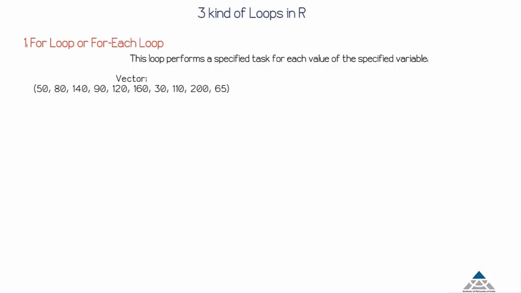Say we have a vector. We want that for each of the elements of the vector which are greater than 100, we wish to add these elements and obtain their total. If we do not use a loop, we will need to first search or filter the values which are greater than 100 and then obtain their sum.